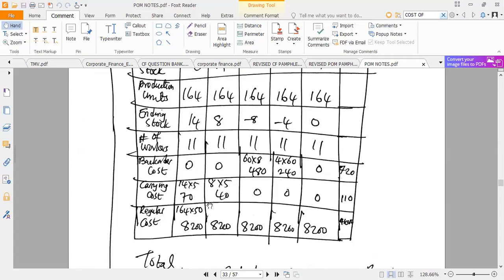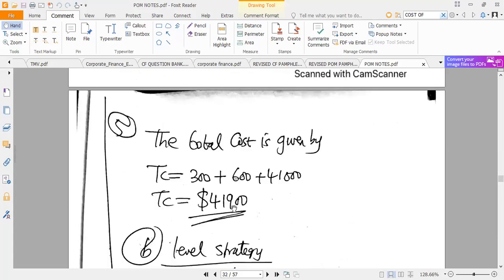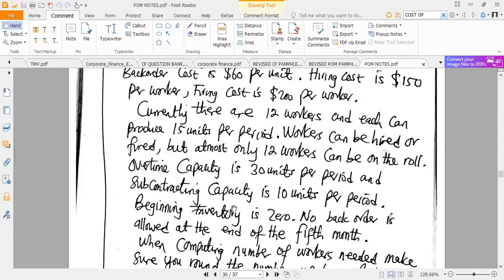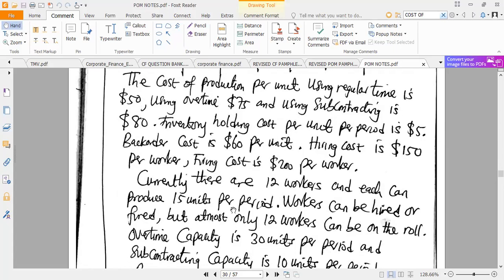Now, our regular cost: we produced 164 units at 50 per unit on a regular basis. This is how we are getting our regular production cost.